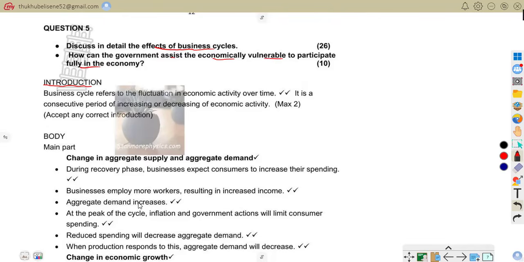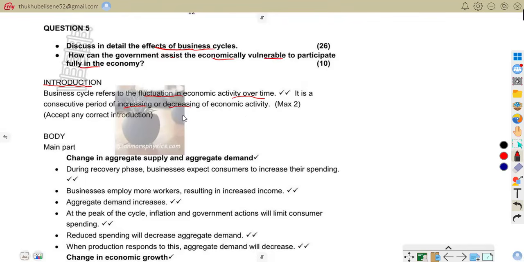Hope we are together on that. So here is our introduction. Business cycle refers to the fluctuation in economic activity over time. It is the consecutive period of increasing or decreasing economic activity.